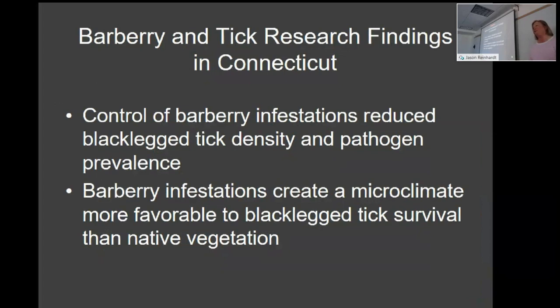They found higher numbers of white-footed mice, which are often an important part of the Lyme disease cycle, as the tick nymphs feed on them early, when they just hatch. And so there was higher white-footed mouse density, higher prevalence of the Lyme pathogen, and higher prevalence of blacklegged ticks in these plots. So we also are concerned about that.